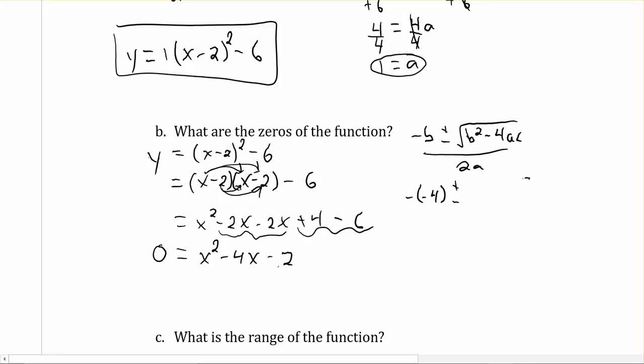Plus or minus square root -4 squared minus 4. A in this case was just 1. C was -2. So this will end up turning into, well, I'll just write this as 4 because it's minus -4, so that's just positive 4.